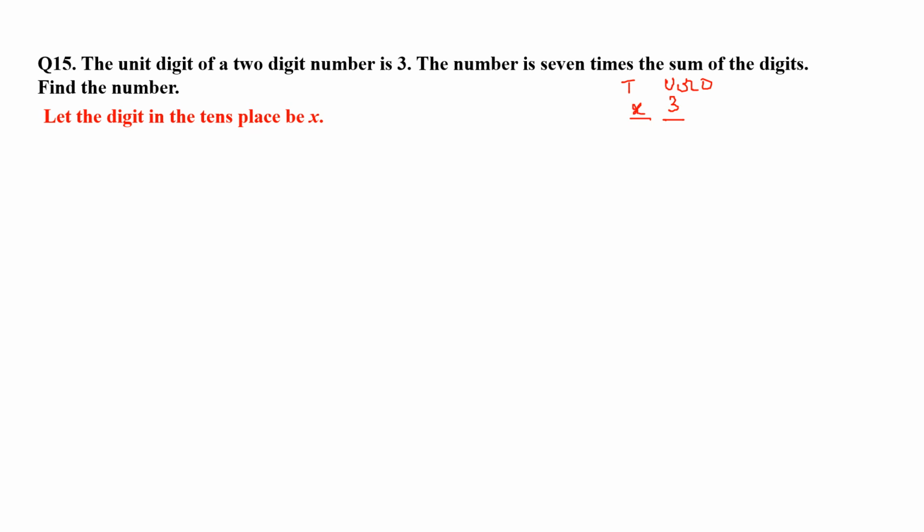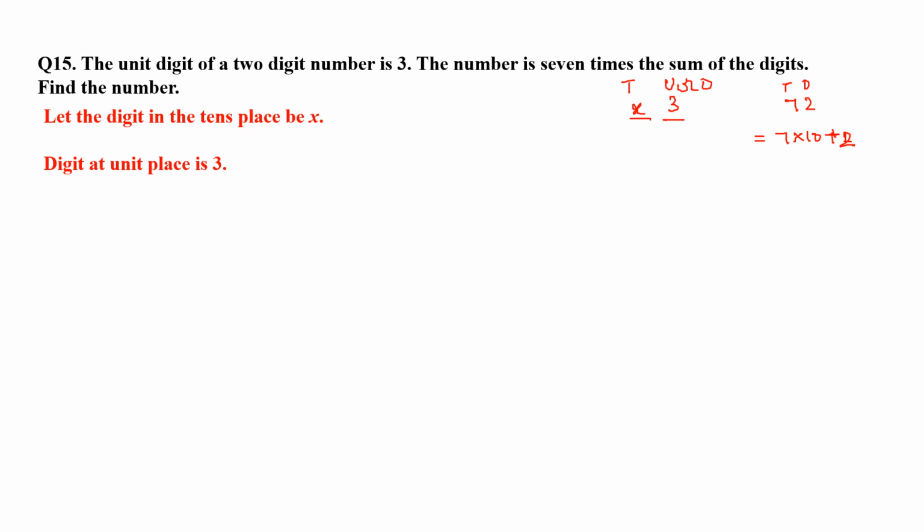Fine. Next it is given the number is 7 times the sum of the digits. So the digit at unit place is 3. Now how is a number formed? Suppose I have taken 72. So how is this 72 formed? When you write the expanded form, it is 7 into 10 plus 2 into 1, which will give you 2 only.